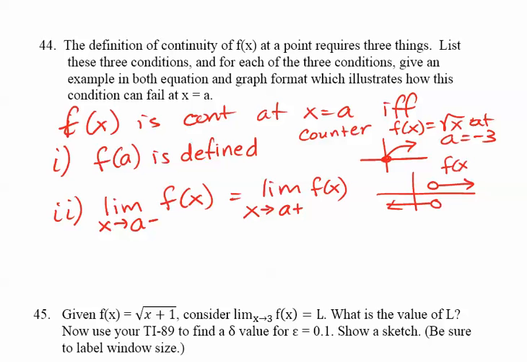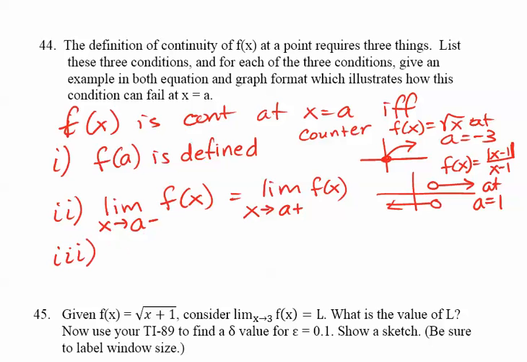So here's one of our typical examples that we've used many times. You could pick any. So this would be at a equals 1. The overall limit does not exist. The left and the right hand limits each exist, but they do not agree, so the overall limit does not exist.